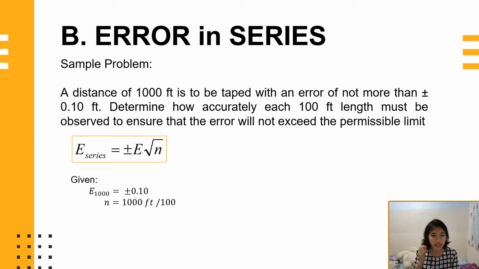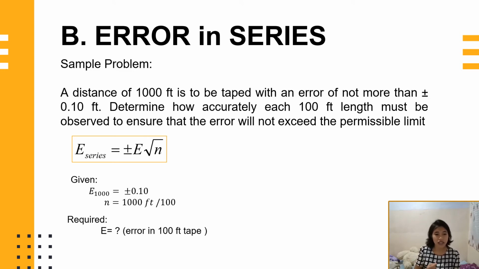So, ito yung magiging target natin na limit. So, n equals 1,000 feet over 100 feet, which is equals to 10 observations. Our required is the error to be attained in every 100 feet na tape na gagamitin.